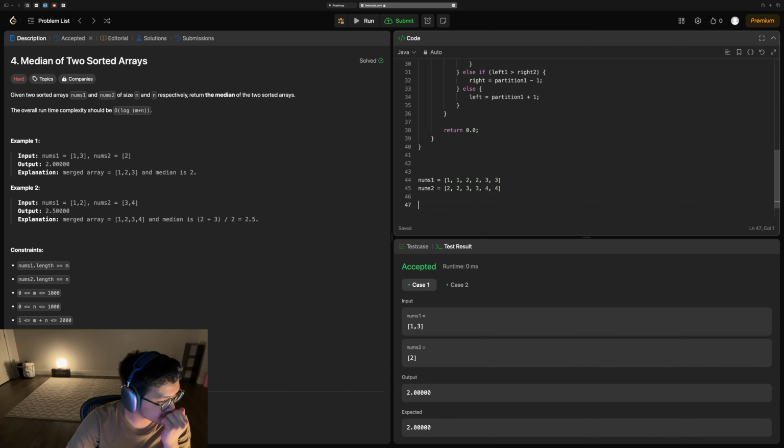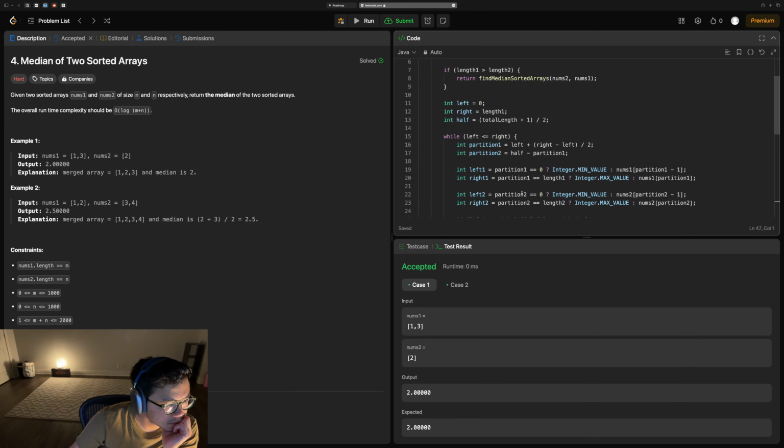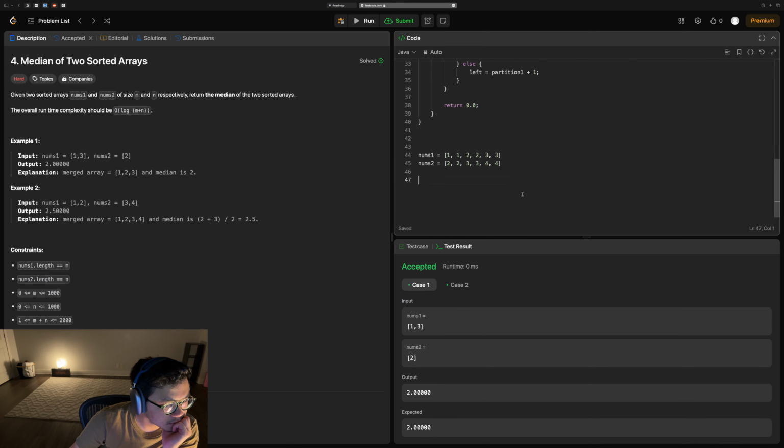Okay, nums 1 equals, nums 2 equals. So we're going to calculate length, that's fine. So we're going to have our pointers there. This is going to be partition 1.